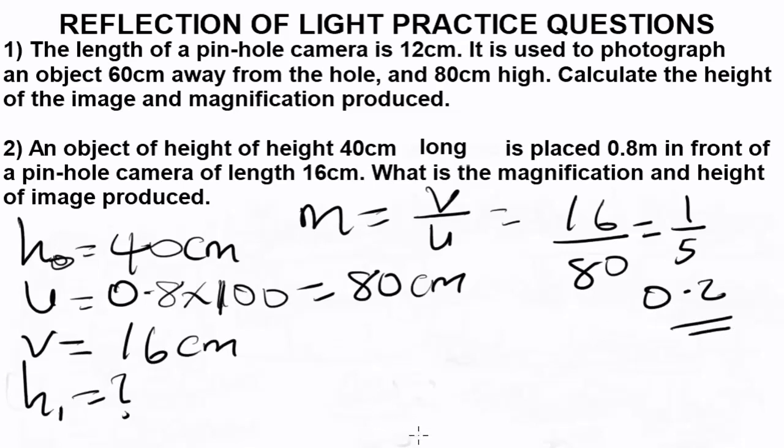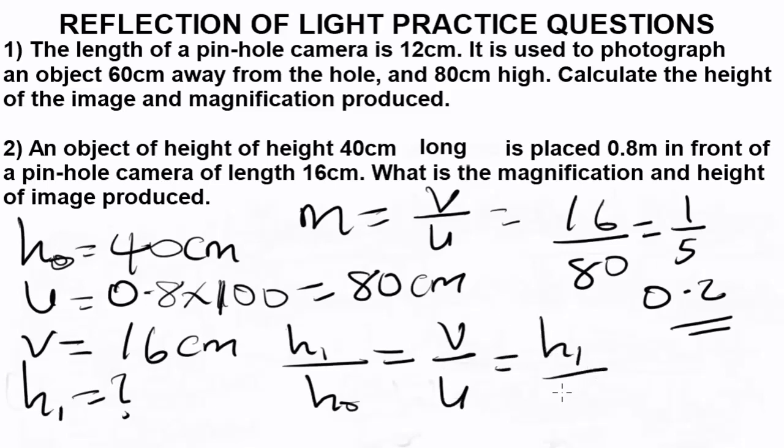Now we have to find the height of image produced, that's the image height. We're going to apply this formula: HI over HO equals V over U. When you substitute the values, HI over our HO, which is 40, equals V, 16, over U, 80.